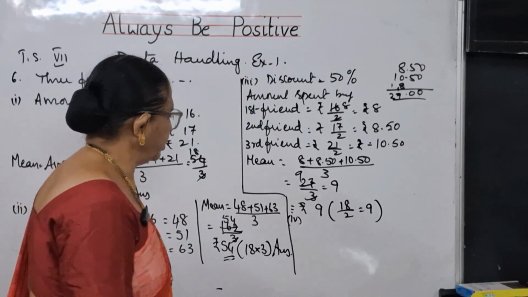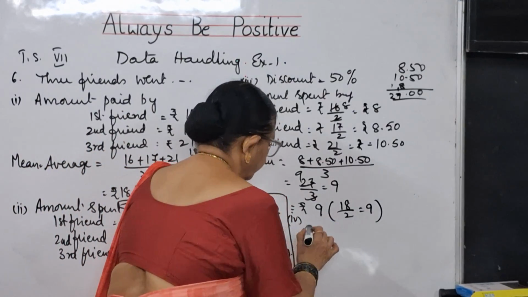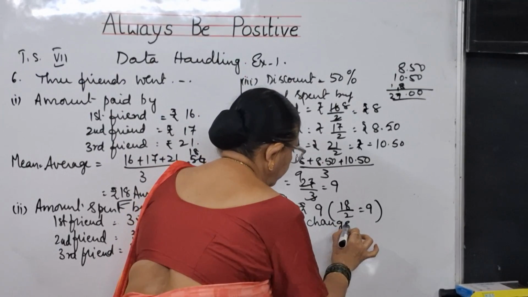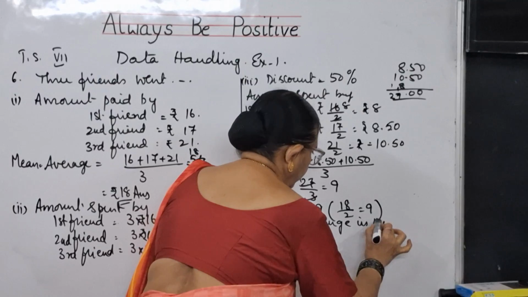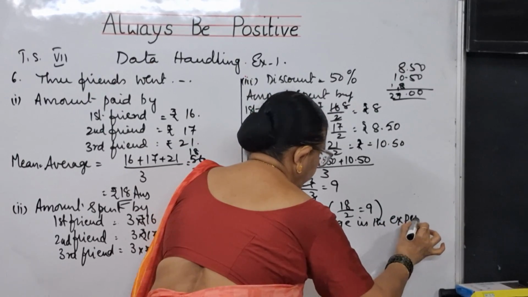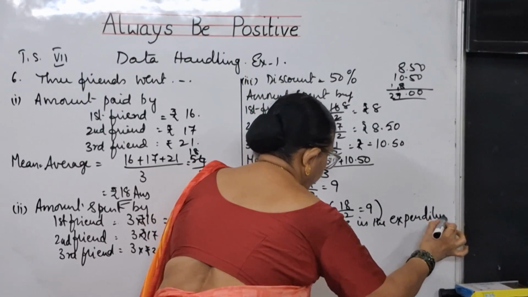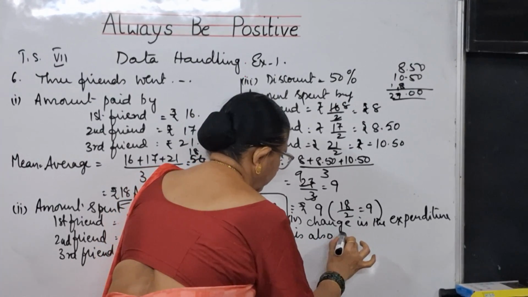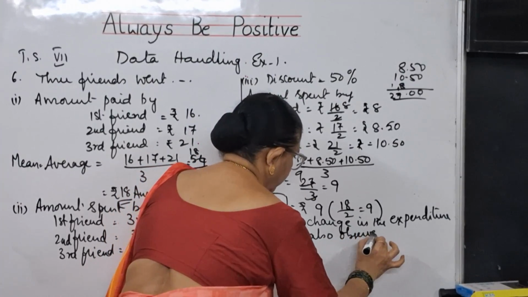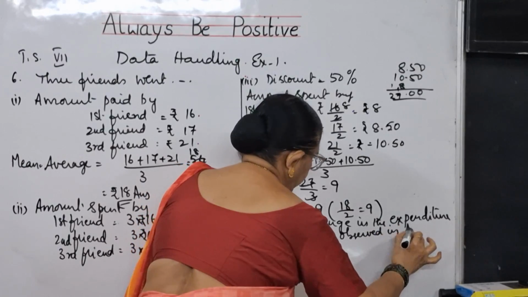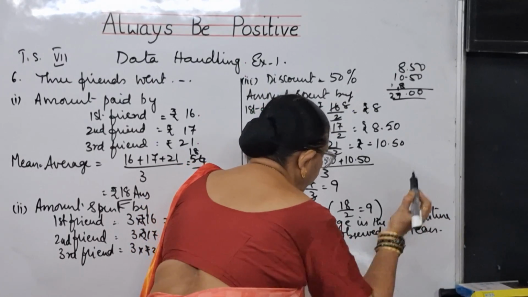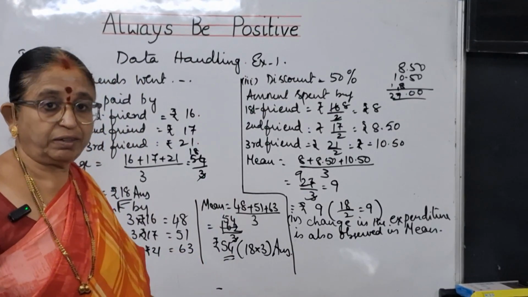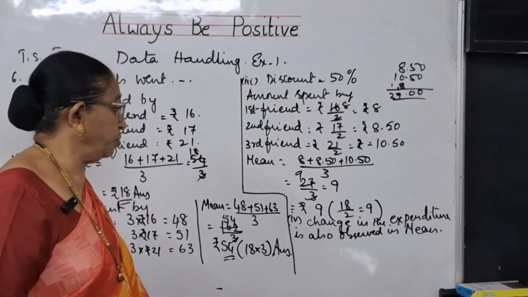So change in the expenditure is also observed in mean. Observed in mean means whatever is the change that you have seen in the expenditure, the same change is seen in the mean also.